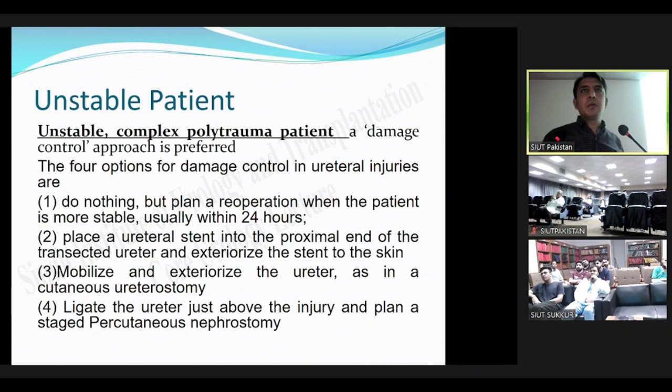The distal end can be identified retrogradely with a scope or by passing a ureteric catheter. For the proximal end, there is a landmark: palpate or check for the common iliac vessel, and we can find the proximal end of the ureter. Yes, so we can identify the transected ureter by giving Lasix or furosemide, which will show a gush of urine.